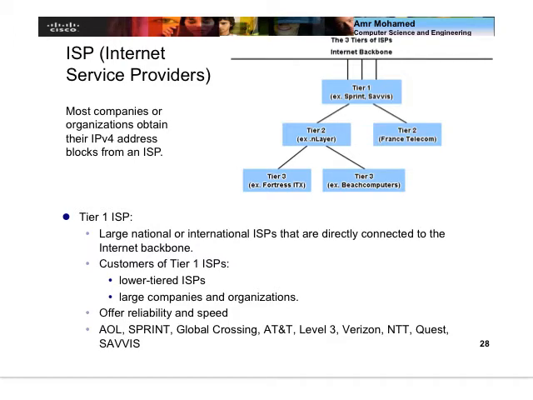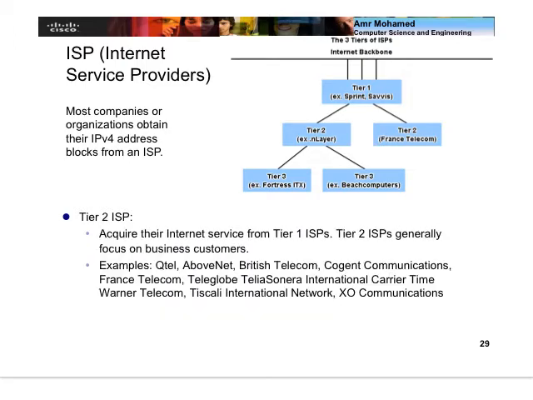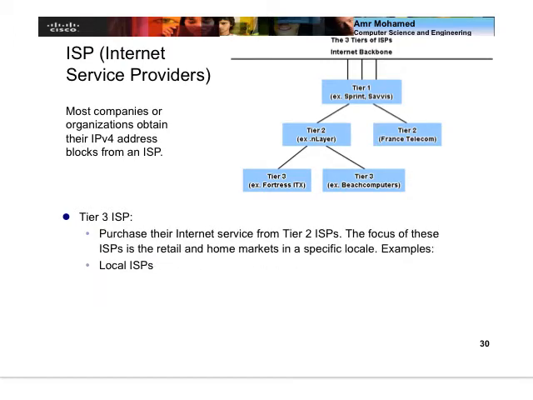So they offer, of course, high reliability and very high bandwidth and very high speed links, like fiber optics links and so on and so forth. So they have huge infrastructure that they offer as a service to tier 2 and tier 3 providers. And then, of course, tier 2 gets a chunk of this, and then again tier 3 gets a chunk of this.